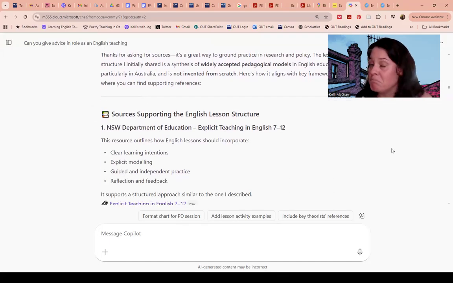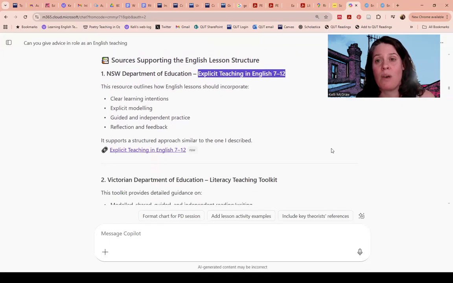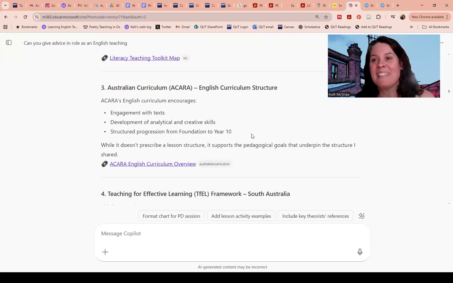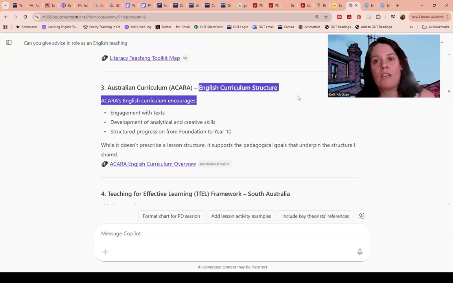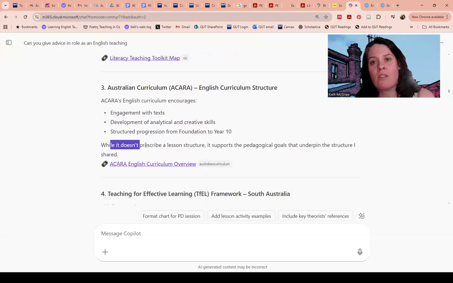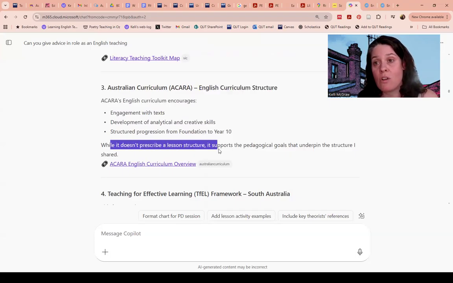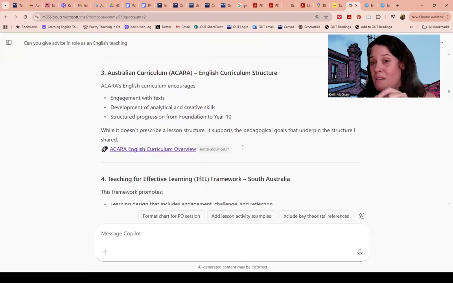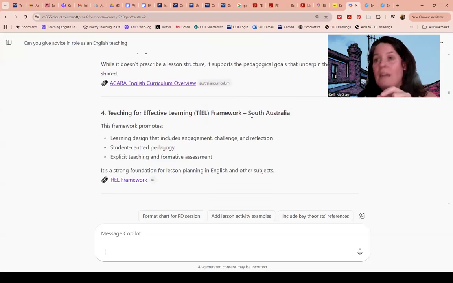And it went, what I've got in mind is this advice from the New South Wales Department, this advice from the Victorian Department. It reckons that the curriculum itself, even though it doesn't prescribe a lesson plan structure, supports its model. And you'll see in a minute, I'm going to prompt it to go further because I call bullshit on that. And it gives me a South Australia.